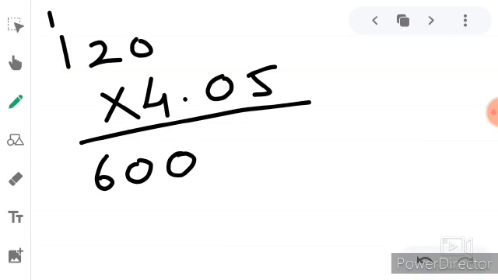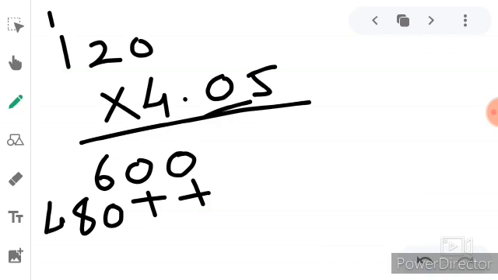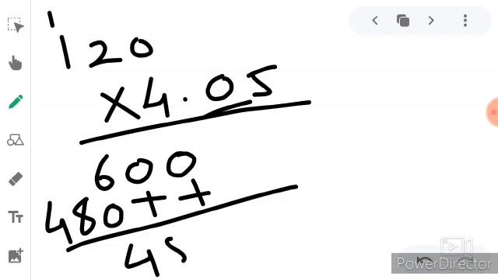So there is no need to multiply by 0. So we will multiply directly by 4. So we will put 2 plus signs. 4 zeros are 0. Again 4 twos are 8. 4 ones are 4. So our answer is 48600.